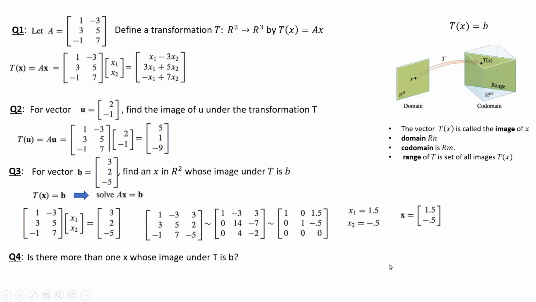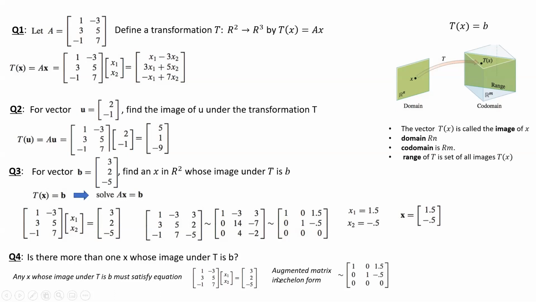Now the question is: is this the only vector x which gives us b, or are there many, maybe, vectors that when applied to the matrix will give us vector b? Let's think about it. When we are trying to find our vector x, we are solving a matrix equation. And here I just rewrote our matrix equation.